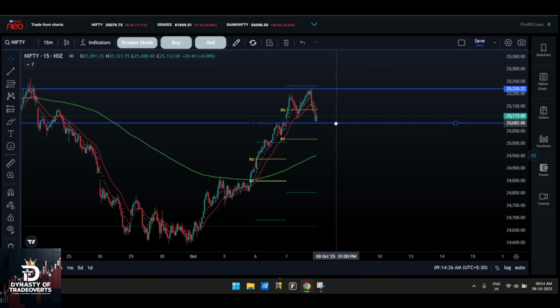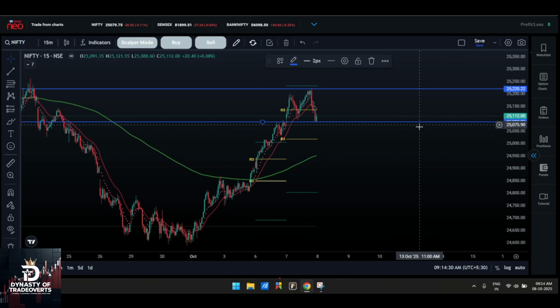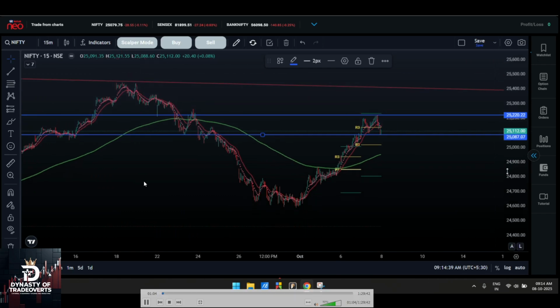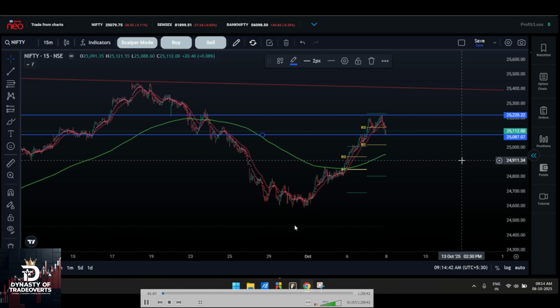This range is known as the Fab 4. So I'm trying to follow his strategy here. I'm marking those levels and I am ready to start trading.